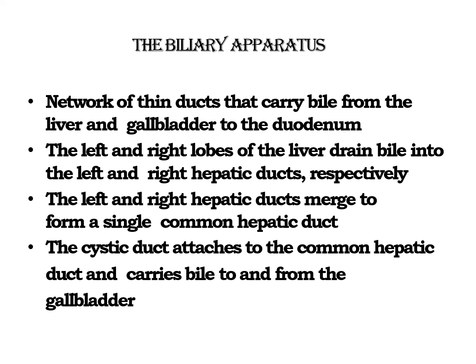The left and right lobes of the liver drain bile into the left and right hepatic ducts respectively. The left and right hepatic ducts merge to form a single common hepatic duct. The cystic duct attaches to the common hepatic duct and carries the bile to and from the gallbladder.